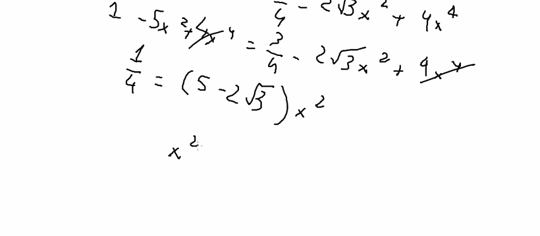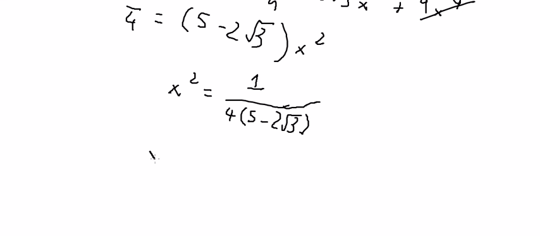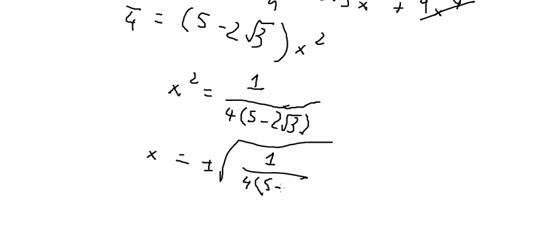You get x squared equal to 1 over 4 multiplied with 5 minus 2 with the square root of number 3. So you get x equal to positive and negative 1 over 4 times 5 minus 2 multiplied with the square root of number 3.